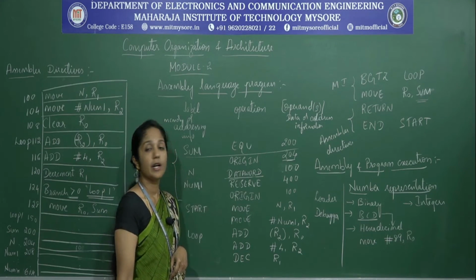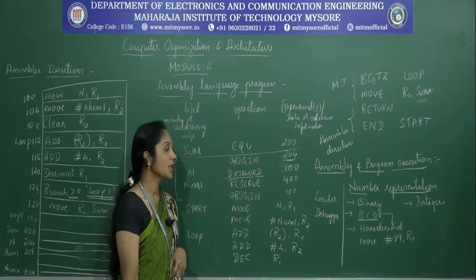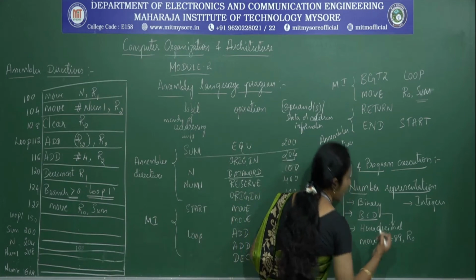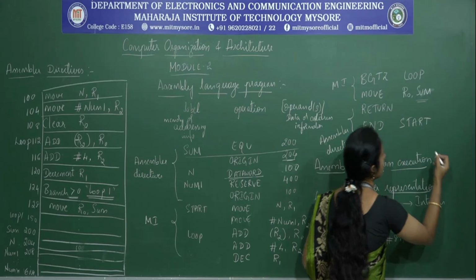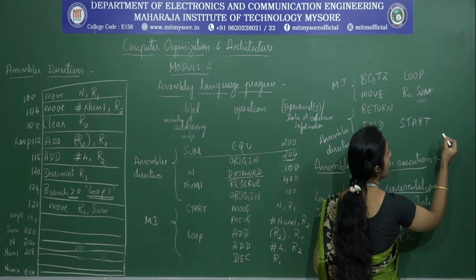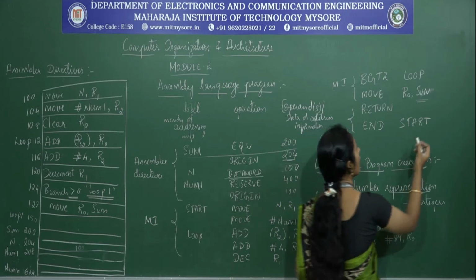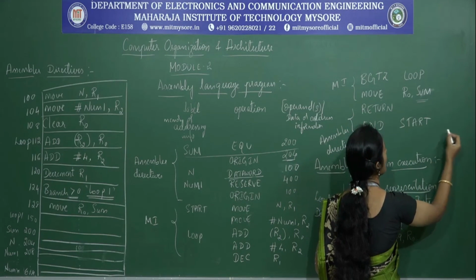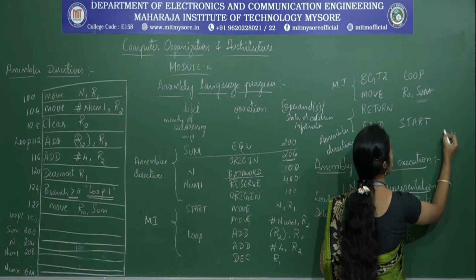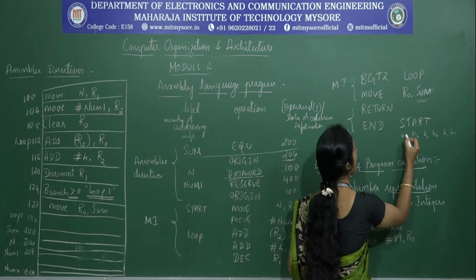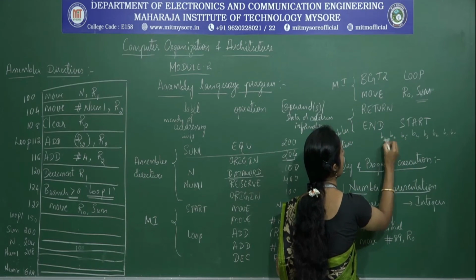If this is to be represented using 8-bit binary, then how do we represent 89? If you have 8 bits, B0, B1, B2, B3, B4, B5, B6, B7.